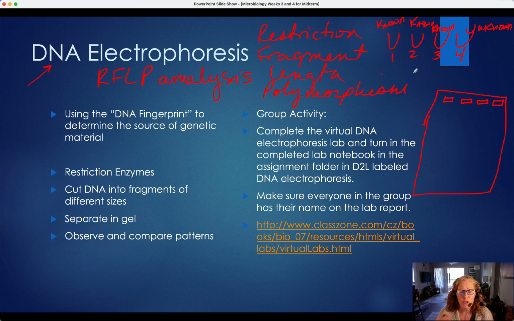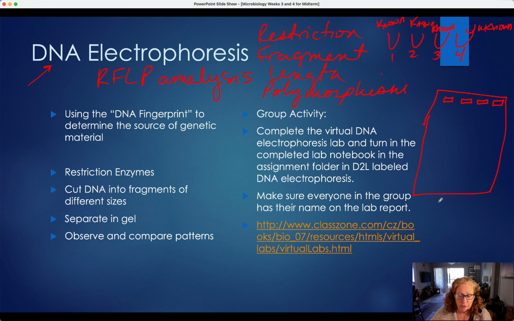I'm going to use what's known as the genetic fingerprint, or the DNA fingerprint, of my unknown DNA source and compare it to my known sources to see if I can figure out where it came from. This works especially well with bacteria because bacteria reproduce by binary fission. So they completely replicate their DNA. It's cloned.